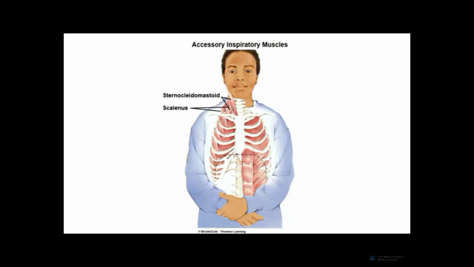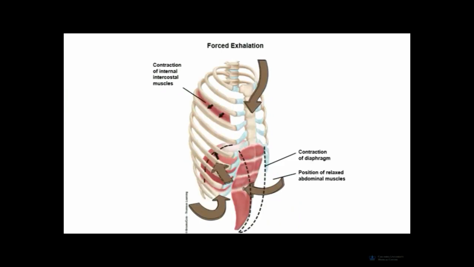Now for forceful exhalation, we can also recruit accessory muscles. And there's two sets of muscles that are important for forceful exhalation. The first are those other intercostal muscles, the internal intercostal muscles. And they actually pull down on the rib cage and try to shrink the rib cage.